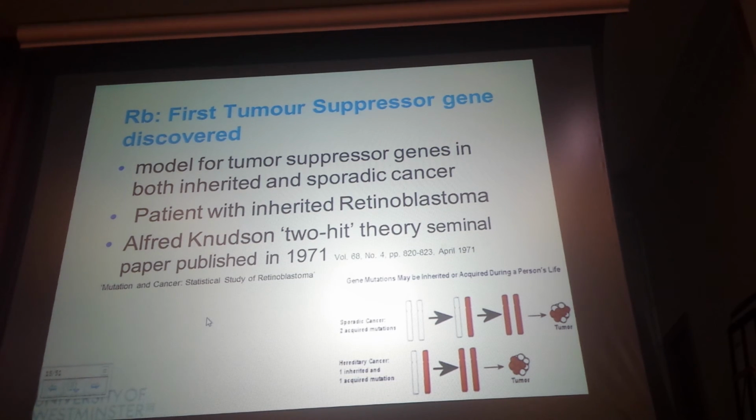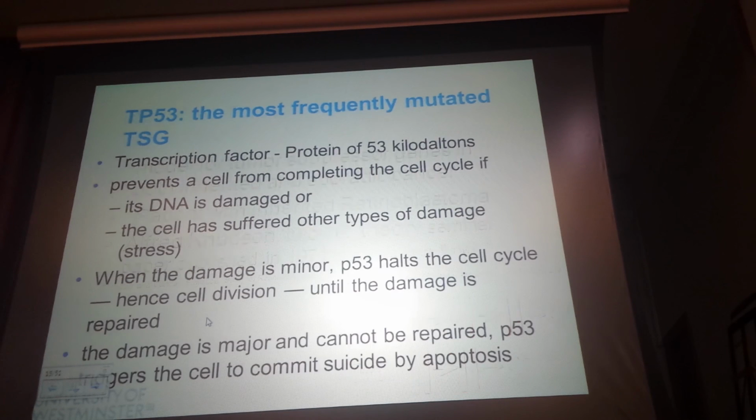But if you have already inherited one copy, and here, for instance, the red copy is already mutated, you only need one or more mutations to develop cancer. That's why, in the context of predisposition, cancer happens earlier in your life than when it's sporadic, because you have already inherited from one of your parents a mutated copy of the gene.